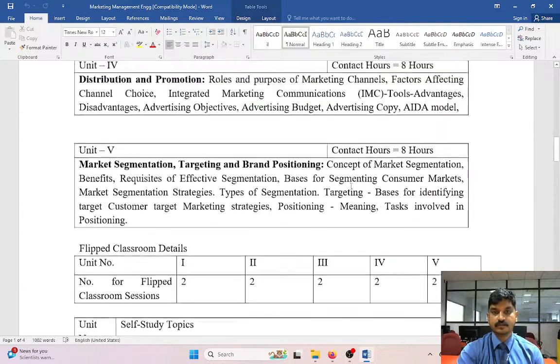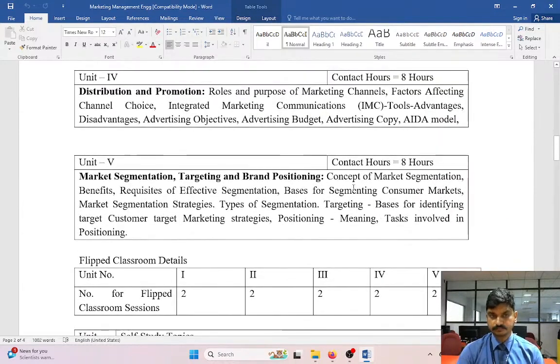Module number 4 talks about distribution and promotion. Now for every organization, it is important to ensure that their products are available to the people when the people need them. If the products are not available to the people when they need them, the consumers are going to opt for an alternative and you are going to lose your market. So distribution plays a very, very crucial role in marketing.